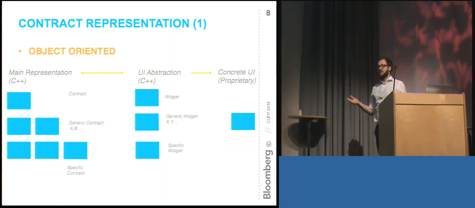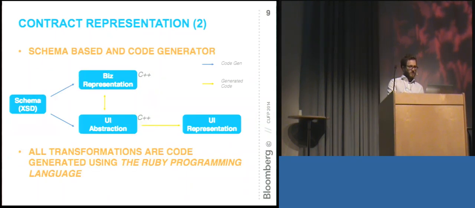However, that doesn't scale very well when you have tons of contracts out there. So what we did before introducing OCaml was, we're going to start with a single representation of the contract, and we're going to use a fairly neutral representation, XSD.